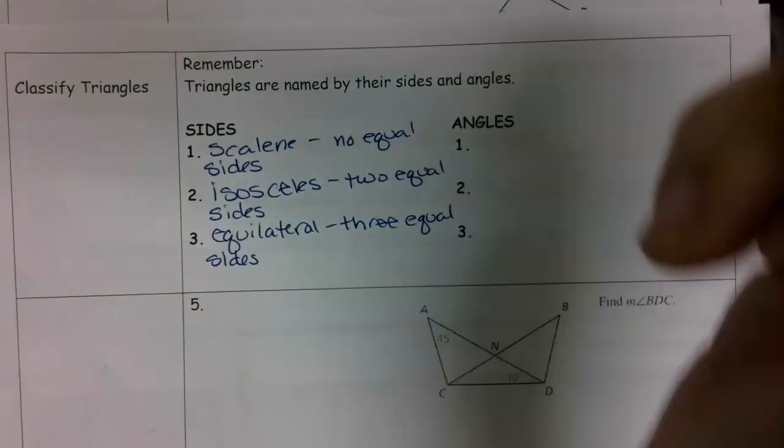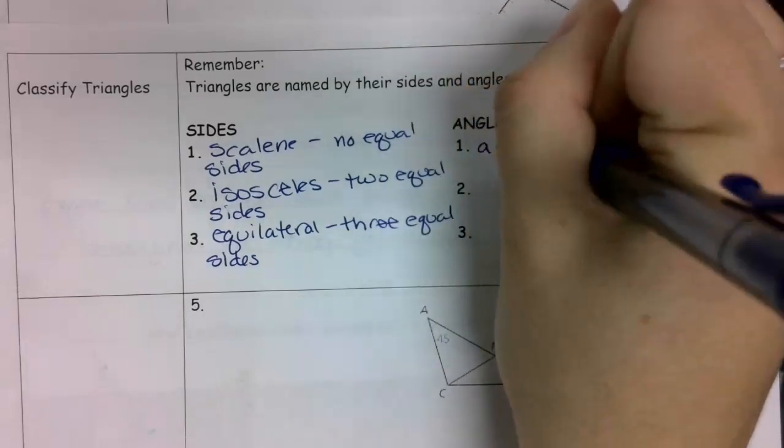Then I can also classify it by angles. Remember, acute is all angles are less than 90 degrees.